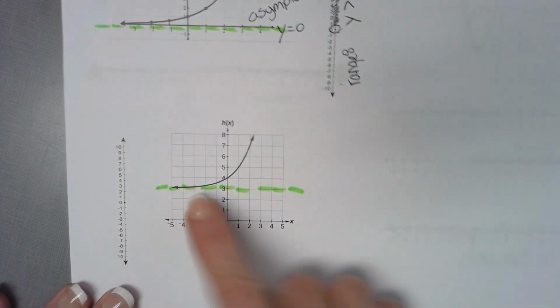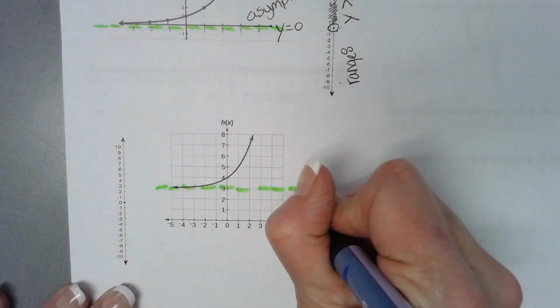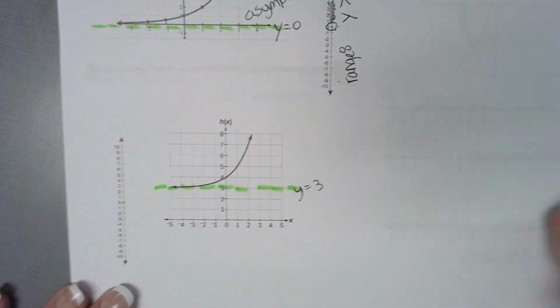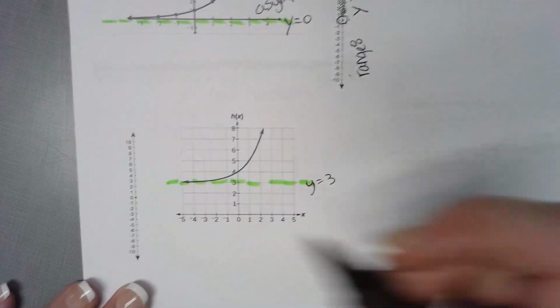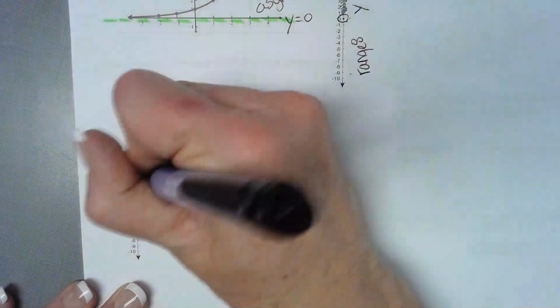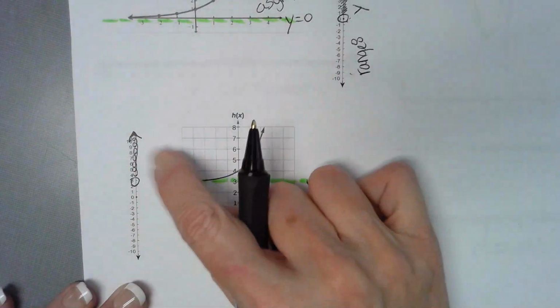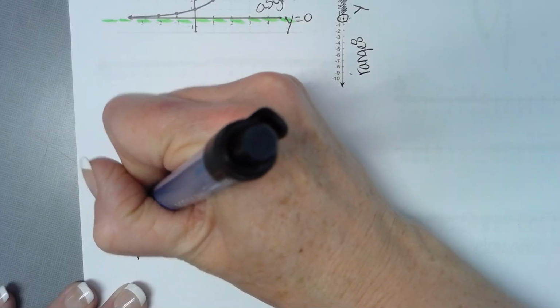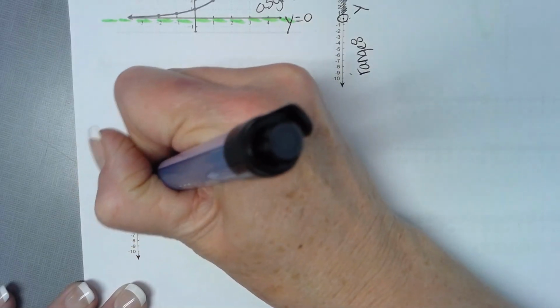I realize it looks like it touches it, but it doesn't. And the curve is above it. It's never going to touch it. So that is the shaded area for your range. And it's y is greater than 3.